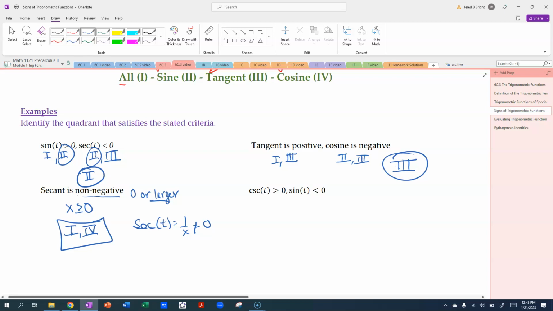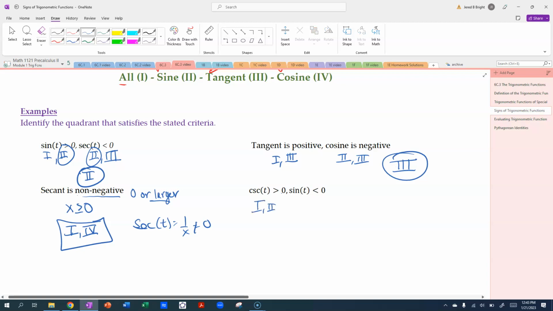Next one, cosecant is greater than 0. So cosecant is positive. That's what this is saying. And then sine is negative. But just wait. Cosecant is positive, so that's 1 over sine. Sine is y, so it's 1 over y, where y is positive. That would be 1 and 2.